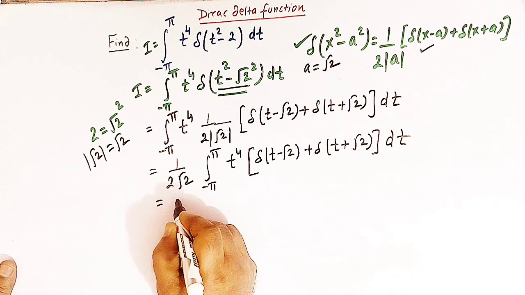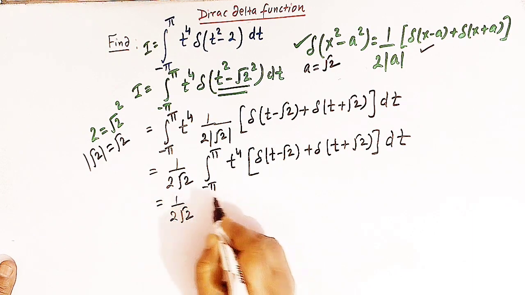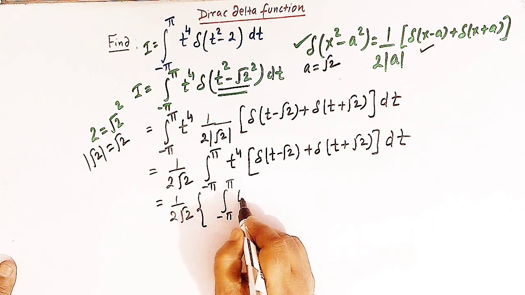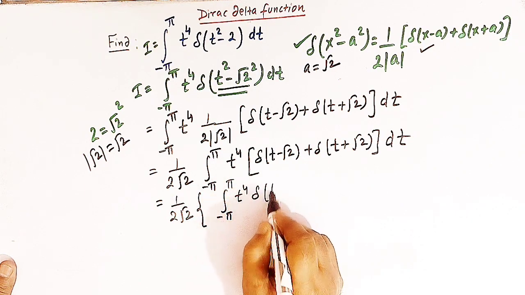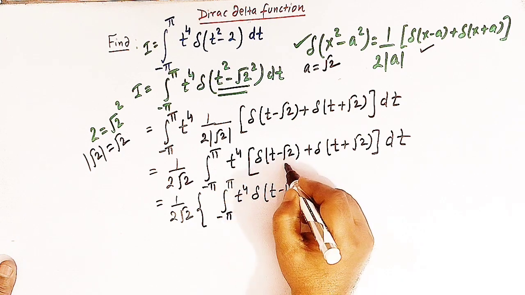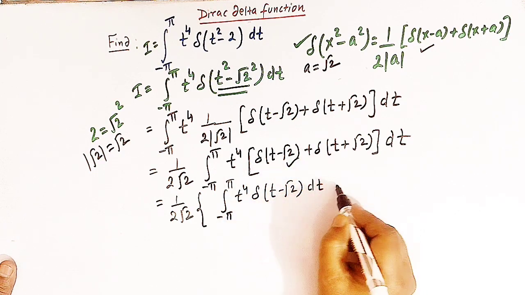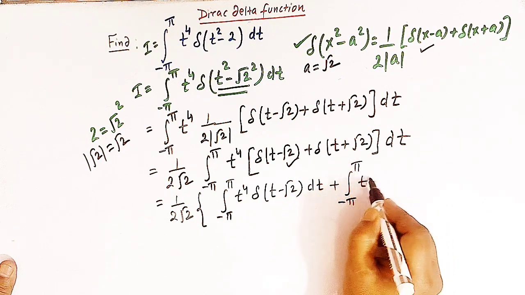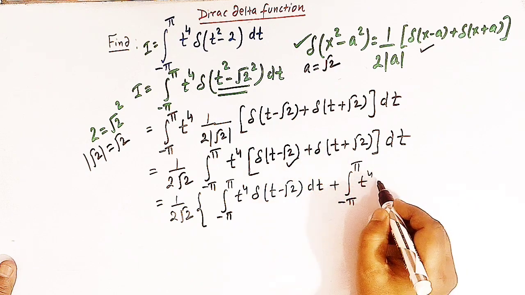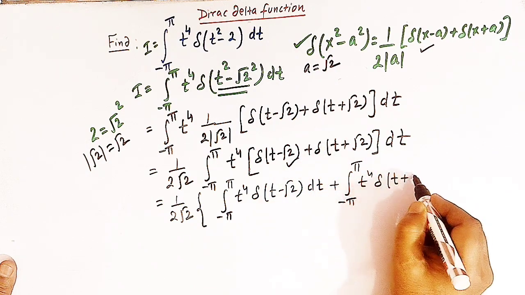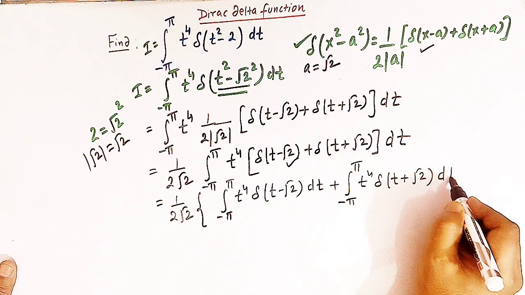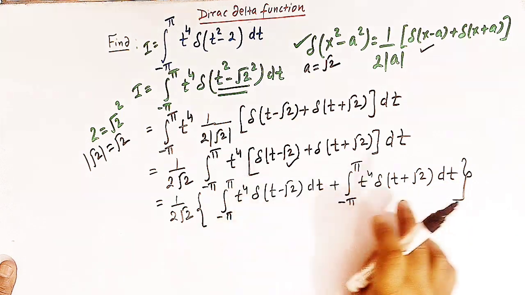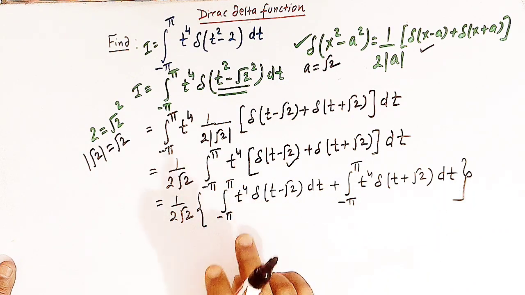So now we can write 1 over 2 times square root of 2. So the first integral is from minus pi to pi t raised to 4 delta of t minus square root of 2, right, here we have dt, and then the second integral is from minus pi to pi t raised to 4, and here we have delta of t plus square root of 2, and here we have dt. So now we have two integrals involving the delta function.